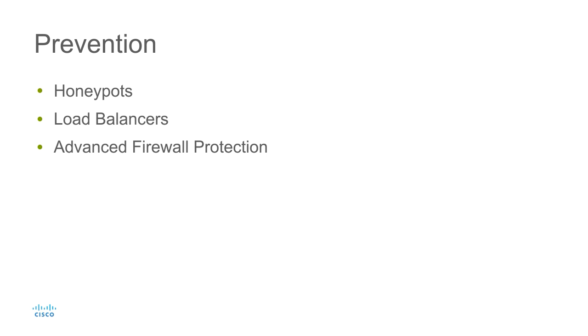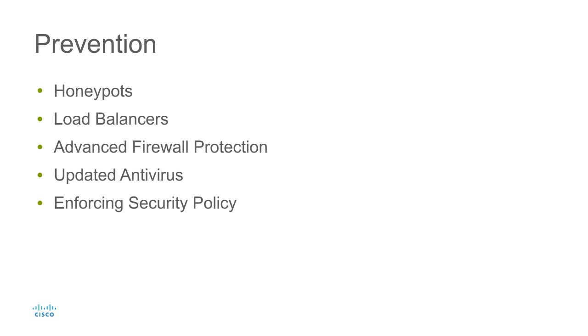Making sure that our antivirus software is updated. Enforcing our security standards. Making sure that we're using the right protocols in the right locations on the network. That we're implementing proper procedures in terms of our security standards. And educating our employees about the risk and the impact involved in the cybersecurity area.